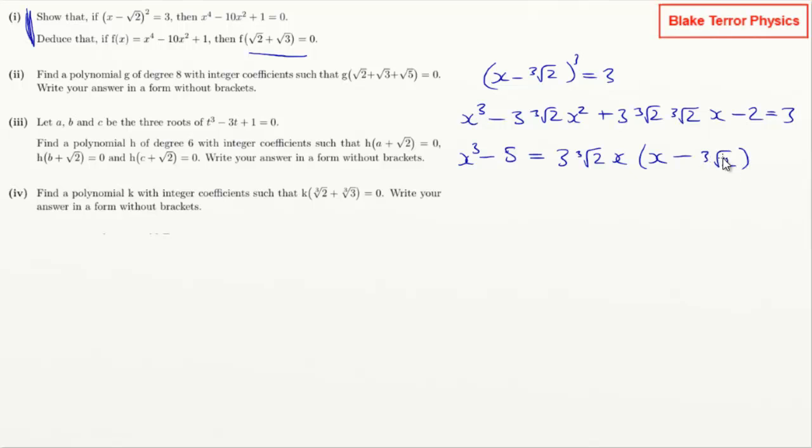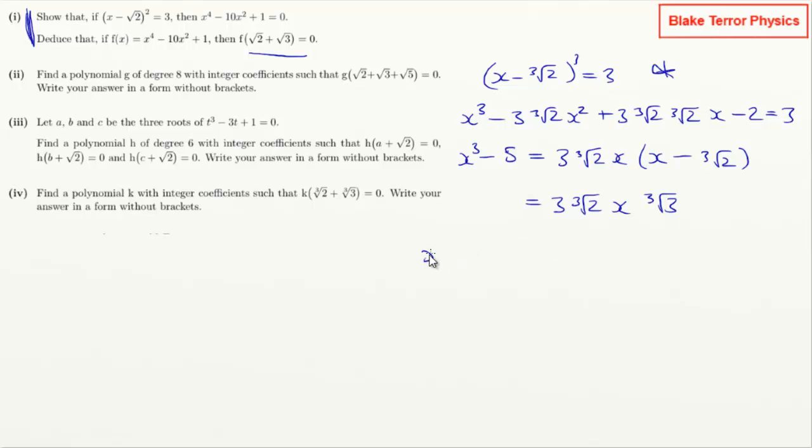Oh, well, I know what x minus the cube root of 2 is. So, yeah, this is working out exactly the same as the first way that I did part 1, because that is now the cube root of 3, because that's the statement we got at the beginning. Right, so now I've just got one term. I've got friendly terms on the left-hand side and one term on the right-hand side.